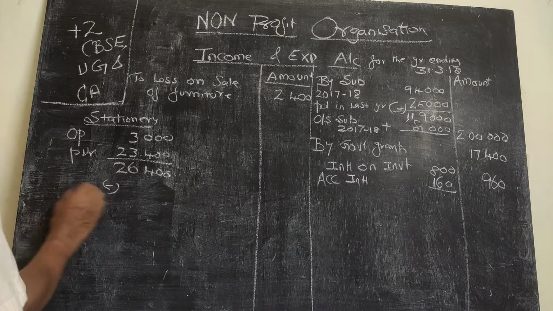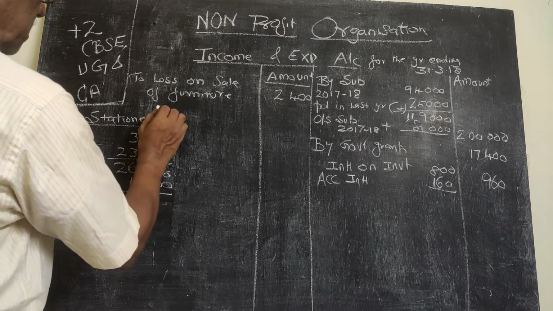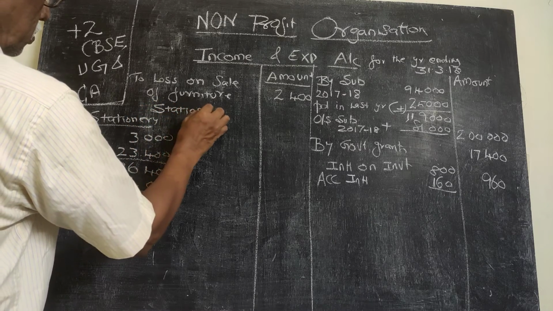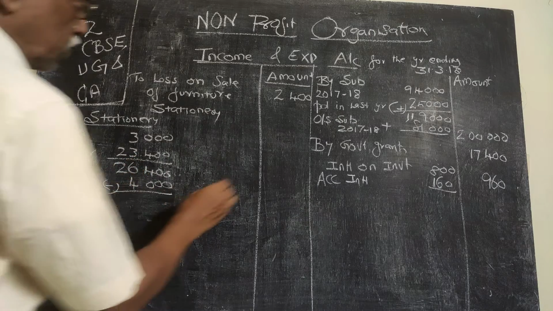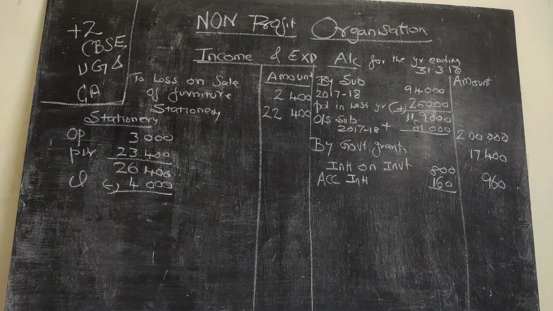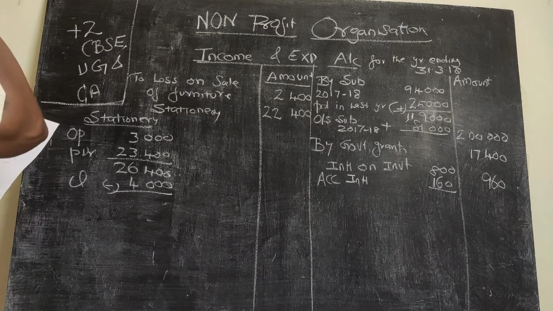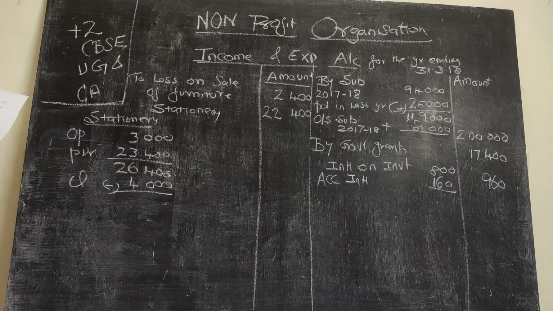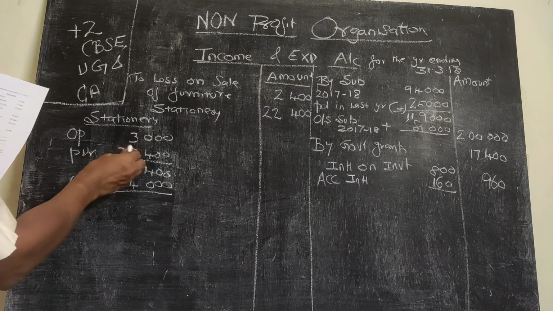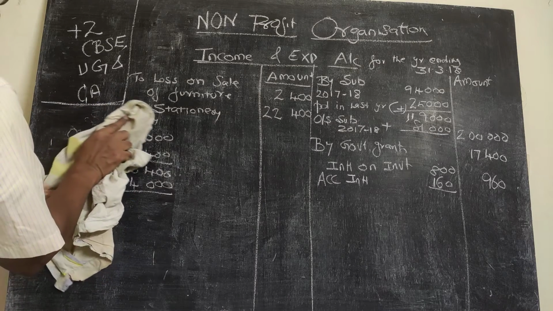At the end of the year, closing balance is 4,000. Therefore, stationery consumed is 26,400 minus 4,000, 22,400. Stationery purchased during this year is given in the receipts and payments, 23,400. In the additional information, opening balance is given as 3,000 and closing balance is 4,000. So, add opening balance and purchases, minus closing stock, to find the stationery consumed.